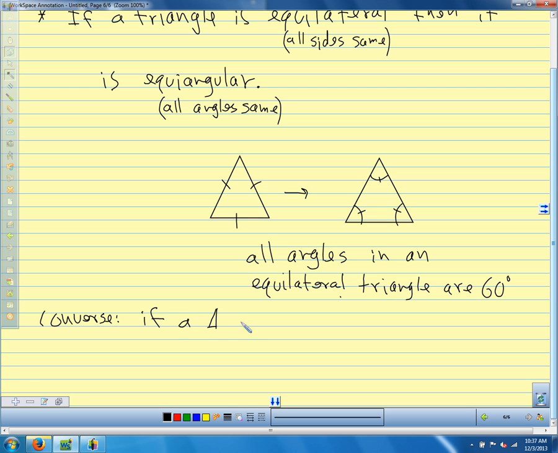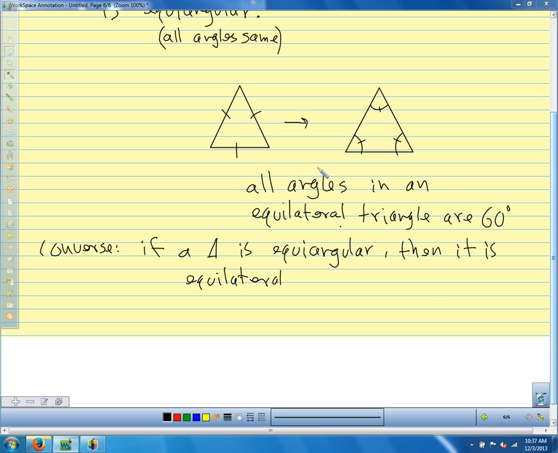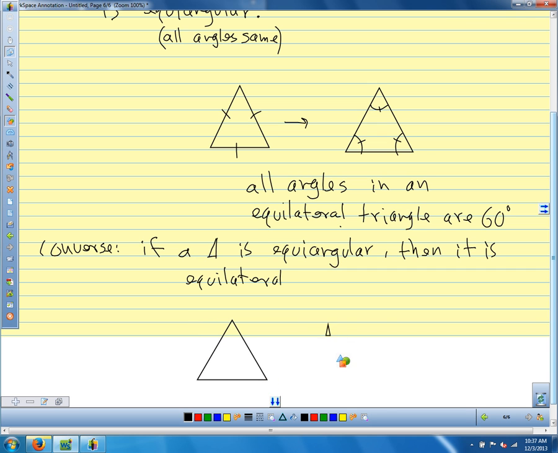If a triangle is equiangular, then it is equilateral. And our picture looks just like this one, just with our arrow going the other direction. So my two triangles here. So if we know all three angles are the same, then the three sides have to be the same.